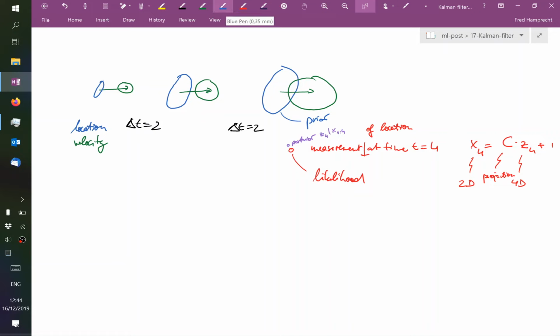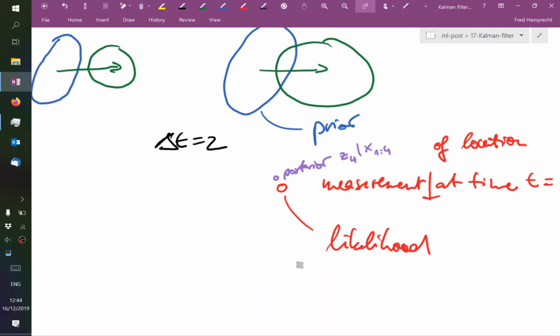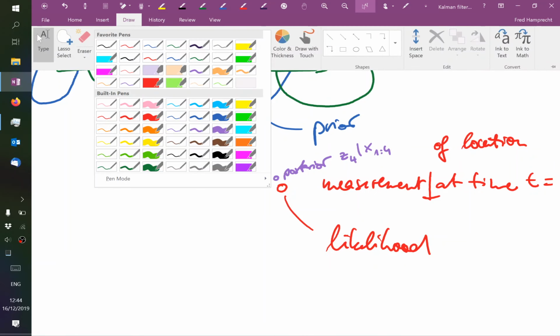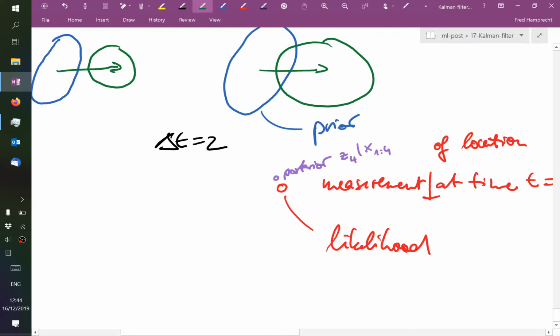And now we need to, I've only shown the posterior here for the location, but not for the velocity. My new estimate for the velocity would perhaps be, I'm not quite sure which color to use. I'm using green. So that the object only moves to the right was clearly wrong. So I need to update my velocity estimate and say, well, maybe it showed a little bit to the bottom right corner.